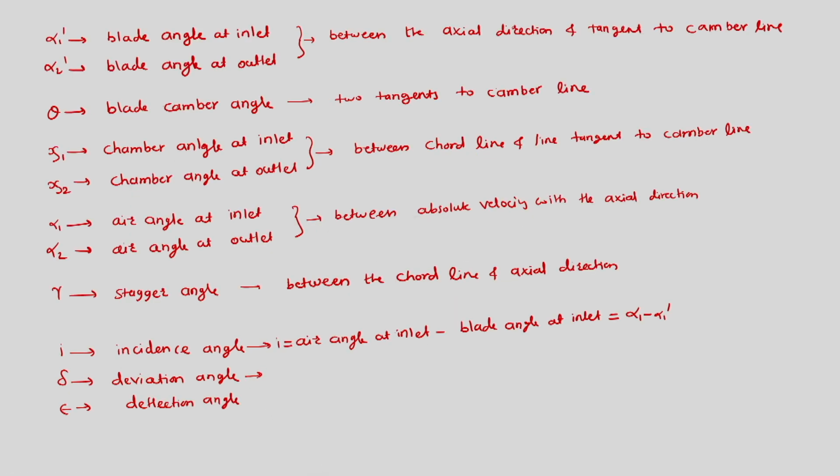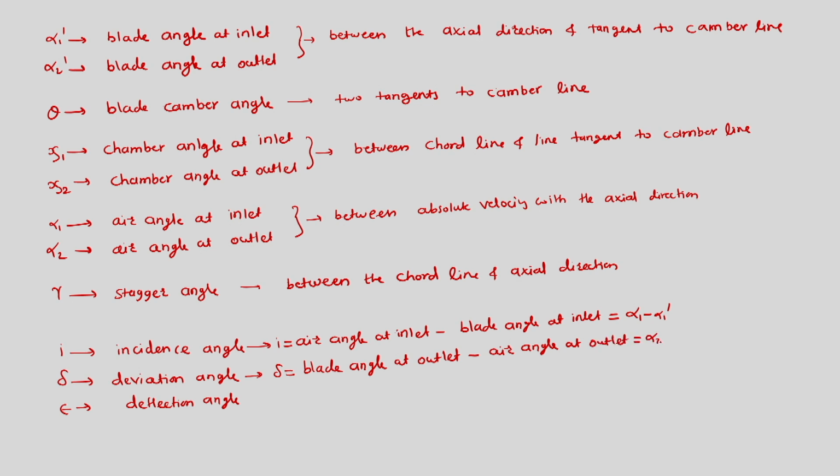Then we have delta, which is called the deviation angle, and delta is equal to the blade angle at outlet minus the air angle at outlet.